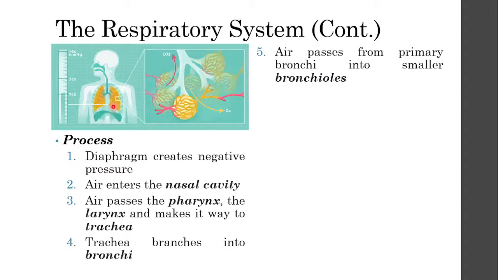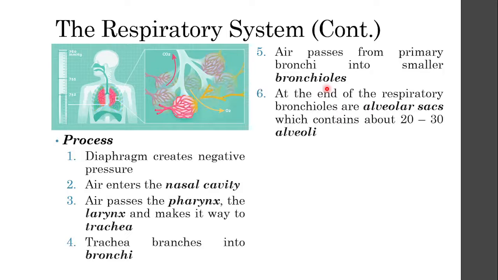Then as it passes from the bronchi, which is the separated branch right here, it enters much smaller branches called the bronchioles. From the bronchi, it enters the bronchioles until it arrives at the terminal respiratory bronchioles, where we are going to find the alveolar sacs.